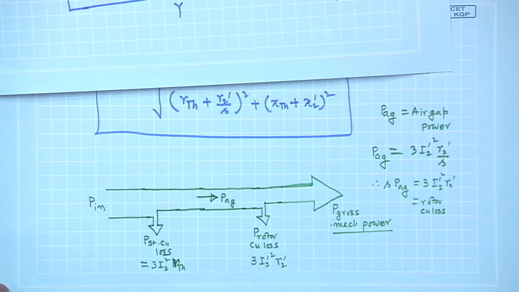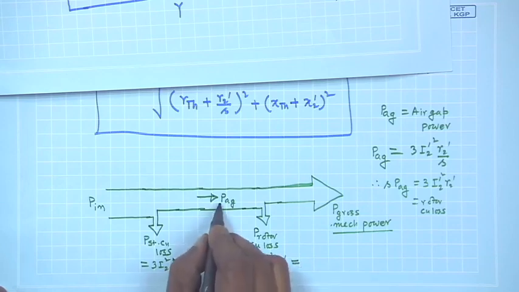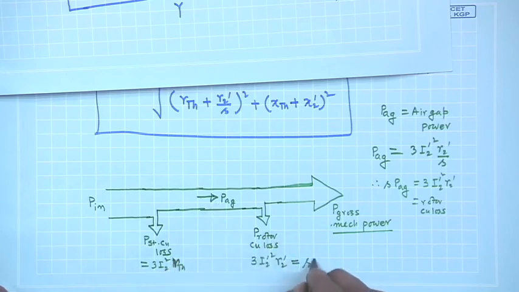So, 3 I 2 dash squared R 2 dash is S into PAG, the rotor copper loss.